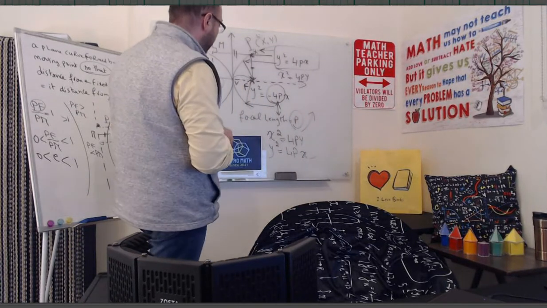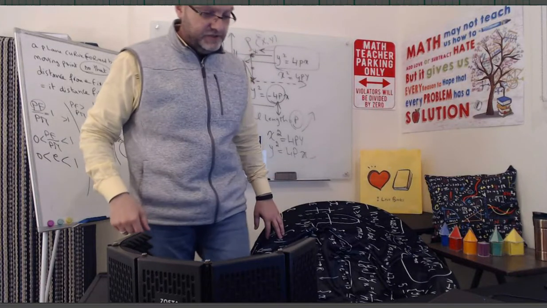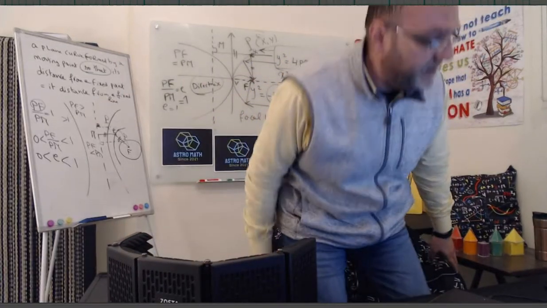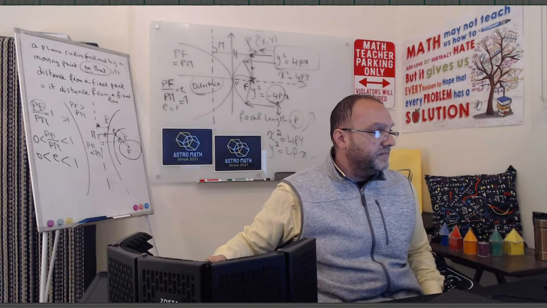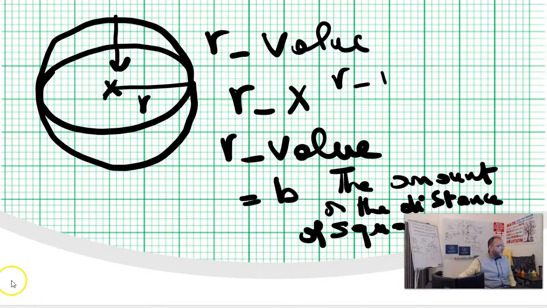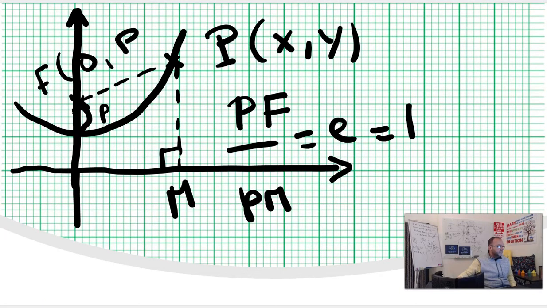Having given you a lot of new terminology, let me switch back to the tablet first. What I have here, I have already explained to you. You see the big P, I put it here. It has coordinates x and y, and then PF over PM is the eccentricity, and it's equal to 1.